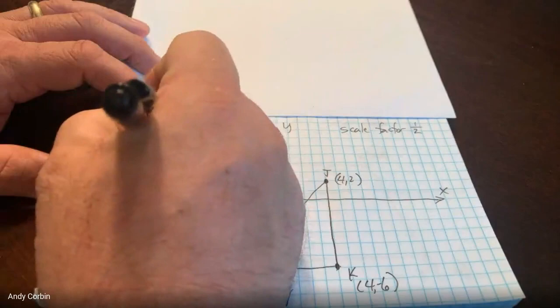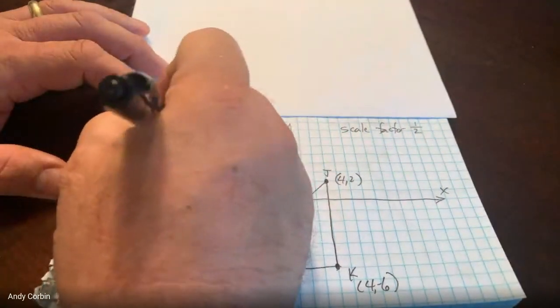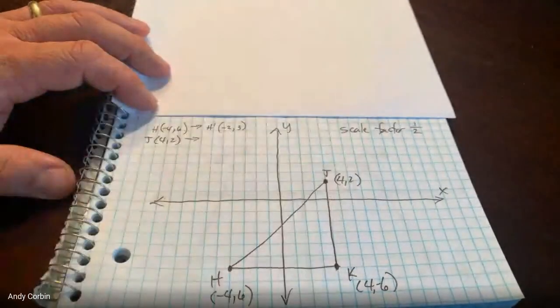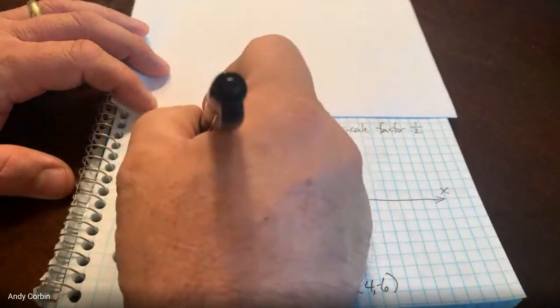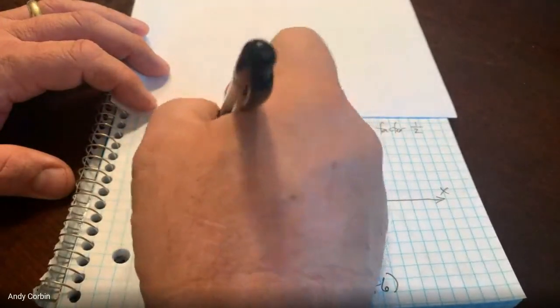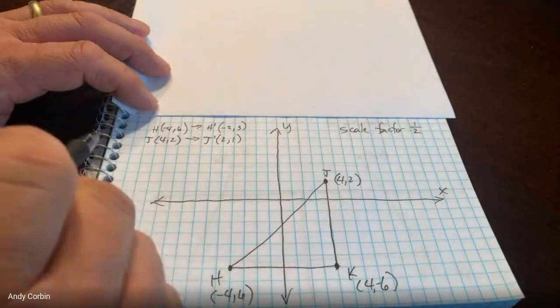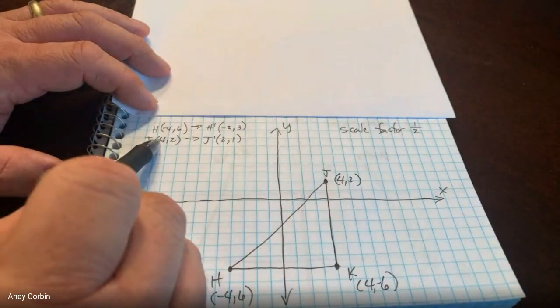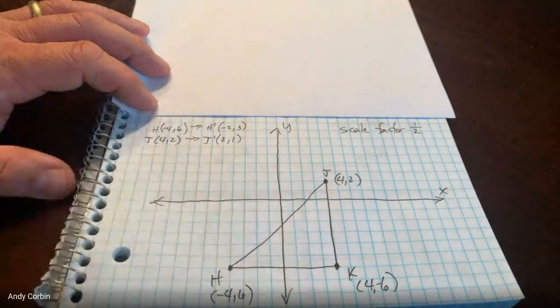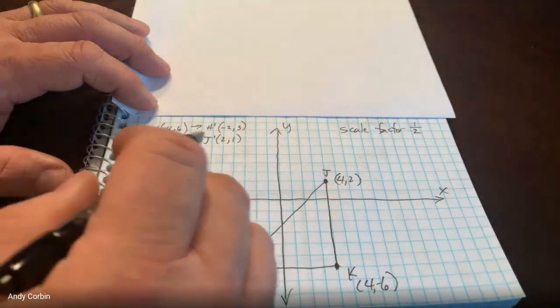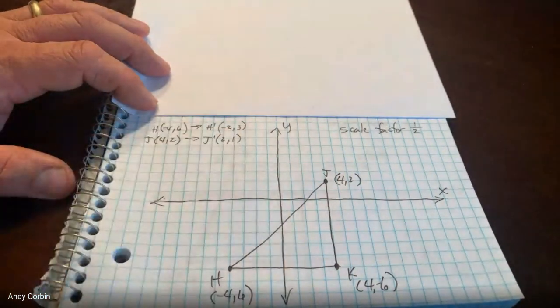J was 4, 2. And so you take half of 4 and half of 2, and J prime gives you 2 and 1. All I'm doing is multiplying 4 by 1/2 and 2 by 1/2, and that's the same as dividing by 2. So 4 divided by 2 is 2. 2 divided by 2 is 1.